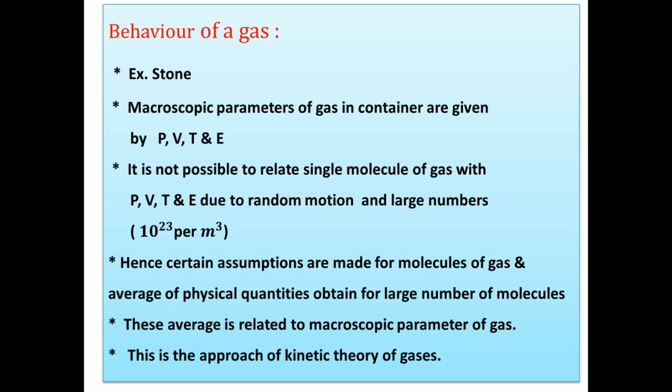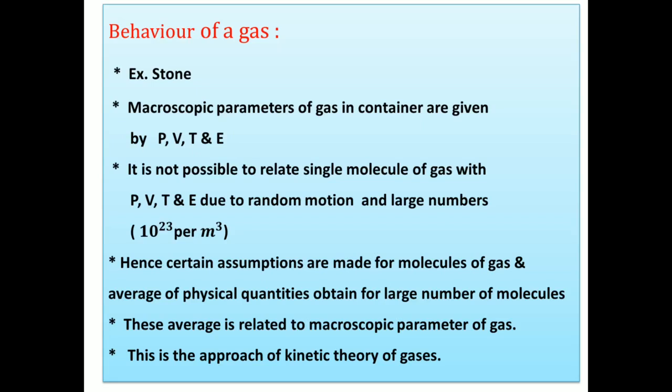But suppose we consider the molecules of the gas in the container, they cannot be easily described. Why? Suppose that gas is enclosed in a cylinder, its character can be described by its bulk parameters like its pressure, volume, absolute temperature, and energy.